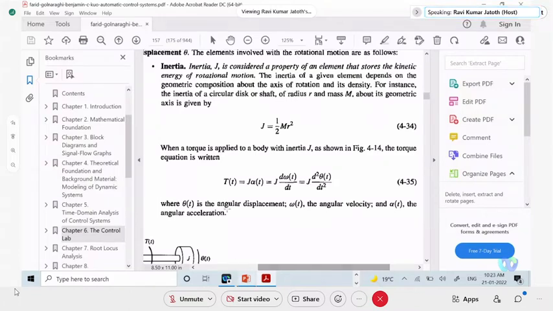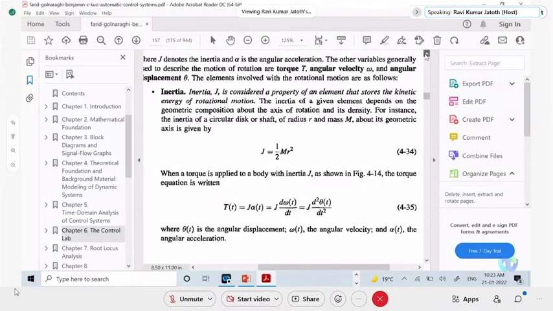Which we can write as, if you extend Newton's second law of motion to a rotational body, T(t) equals J d squared theta by dt squared. So this is what inertia is.